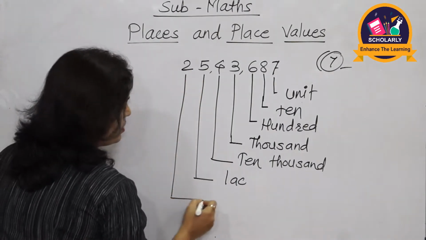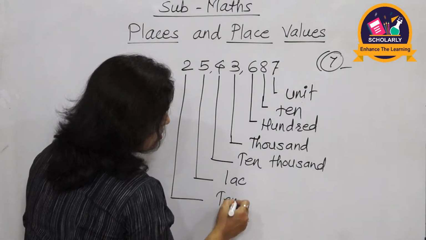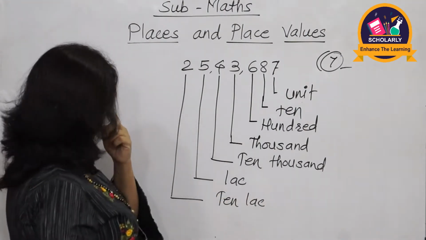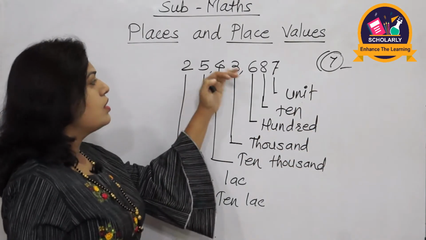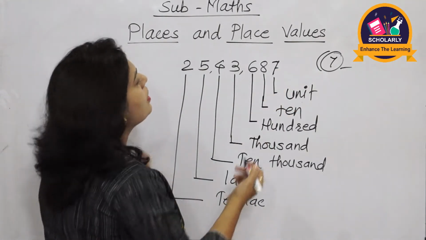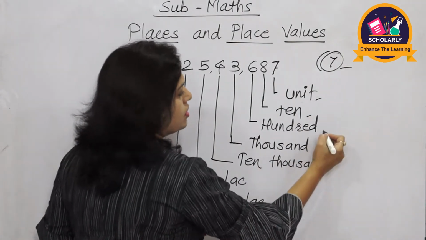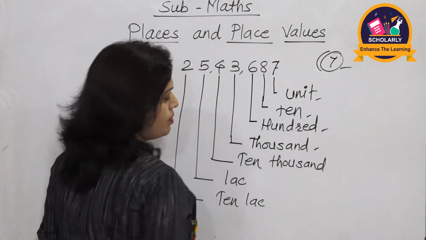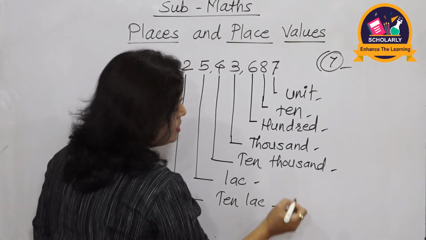And before this lakh place comes 10 lakh place. So friends, these are the places in a 7-digit number, counting from the right to left, that is unit place, 10 place, 100 place, 1000 place, 10,000 place, 1 lakh and 10 lakh.